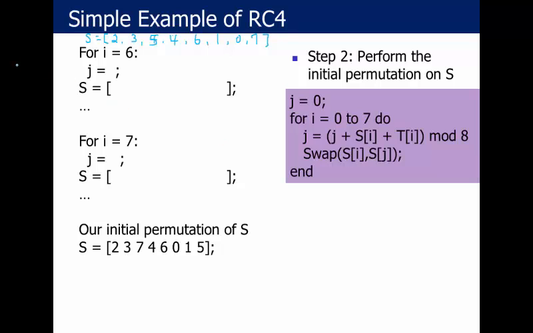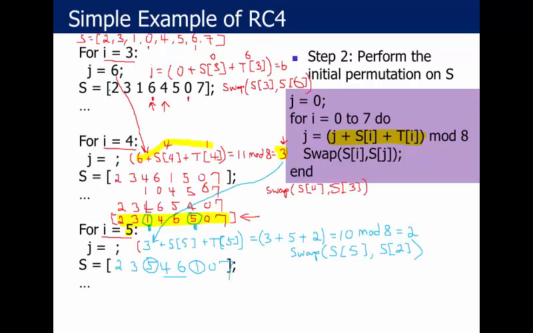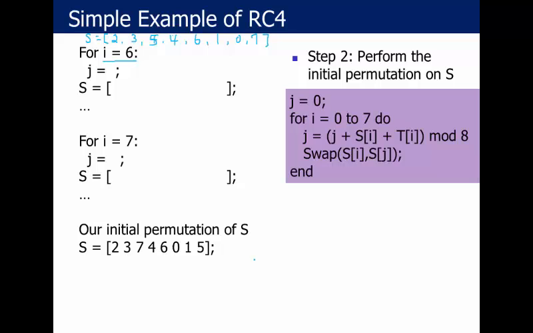And I equals 6. Now you need to compute J. What is the previous J? Previous J is number 2, right? Previous S is this, and previous J is this.